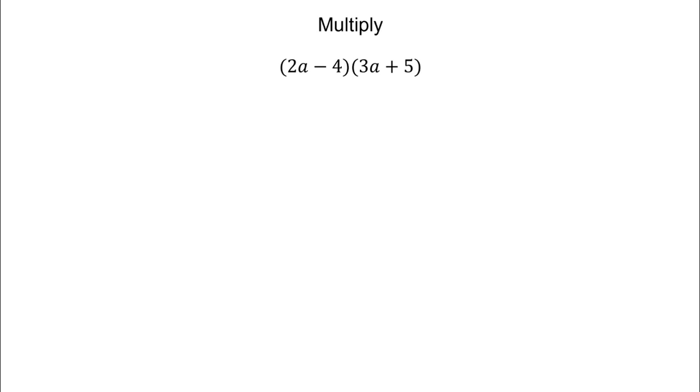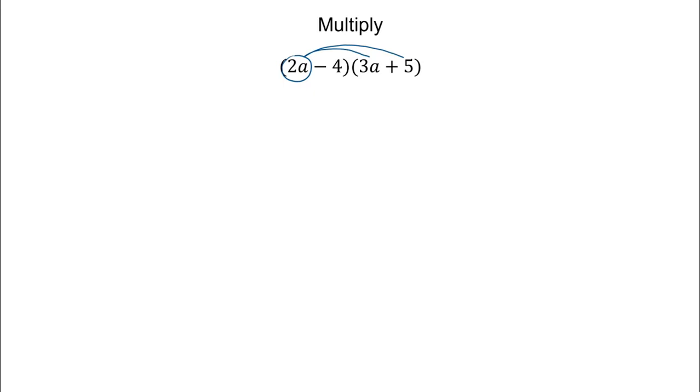Well, we're going to distribute the 2a, which is the first term in the first binomial, to the 3a and the 5 in the second binomial. So we're going to multiply 2a by 3a and then 2a by 5. That's the first part of distribution.